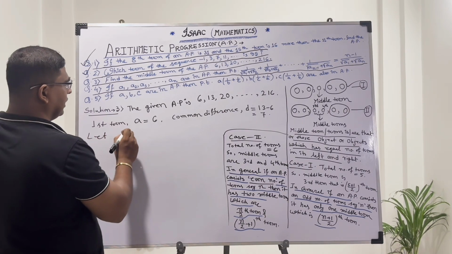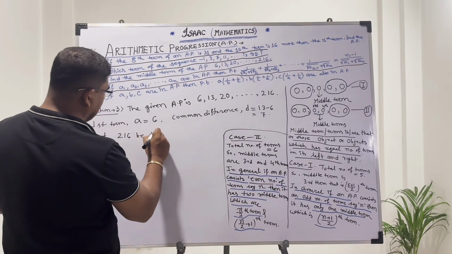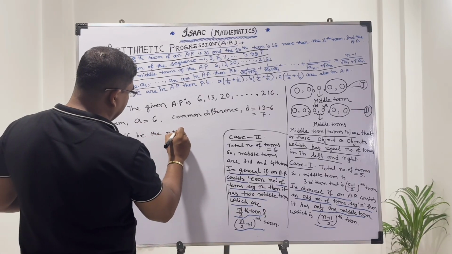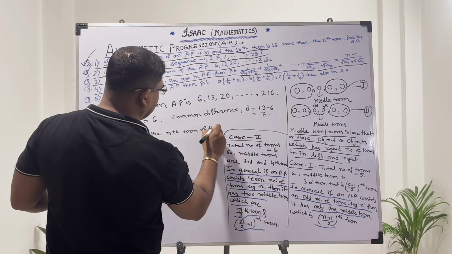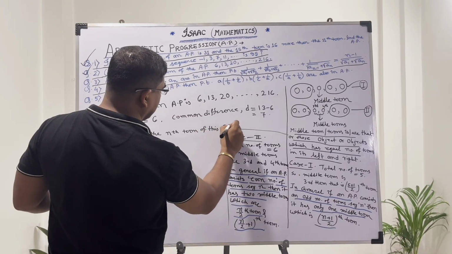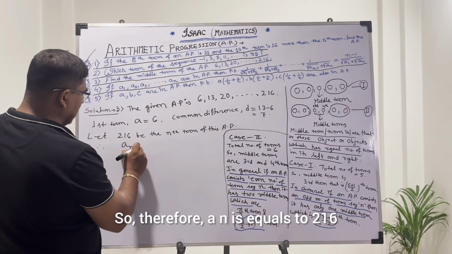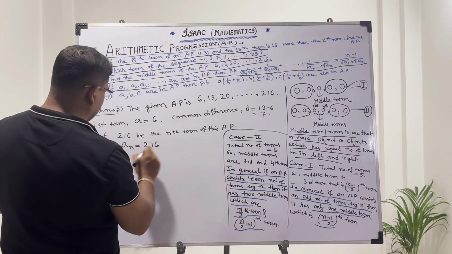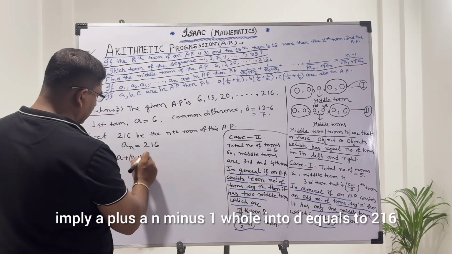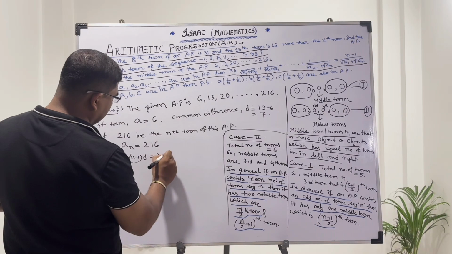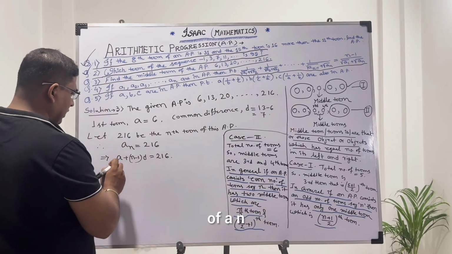Let 216 be the nth term of this AP. Okay. So therefore an is equal to 216. This implies a plus (n minus 1) whole into d equals 216 by the general formula of an.